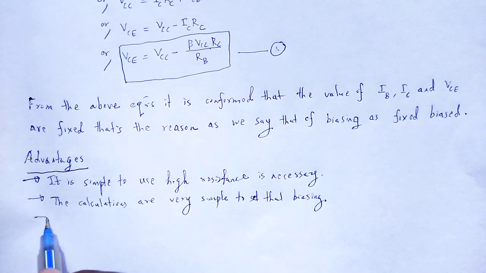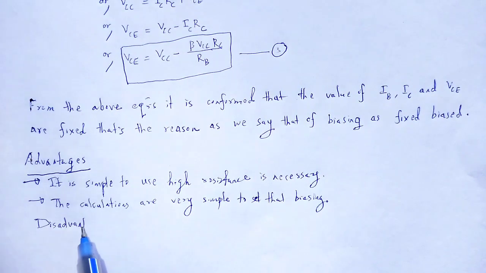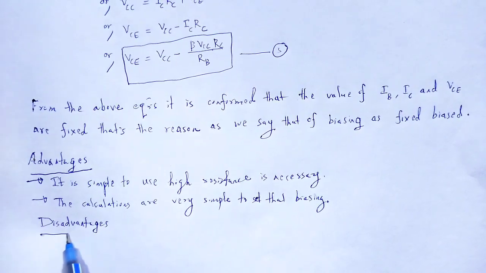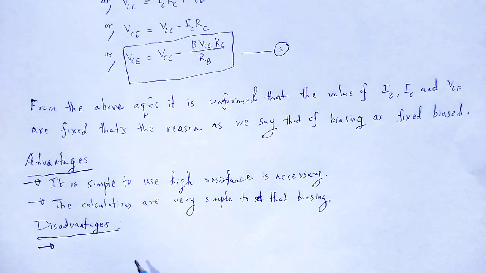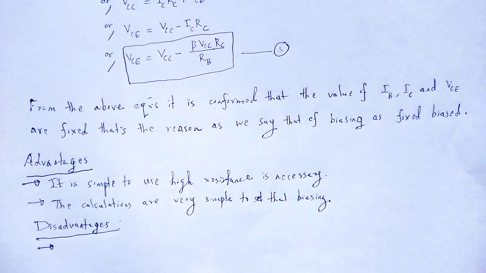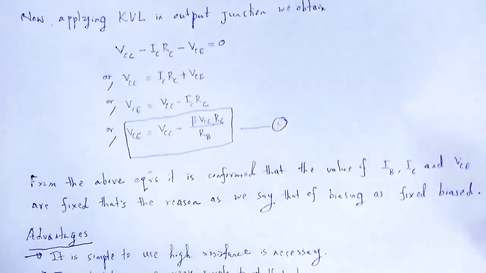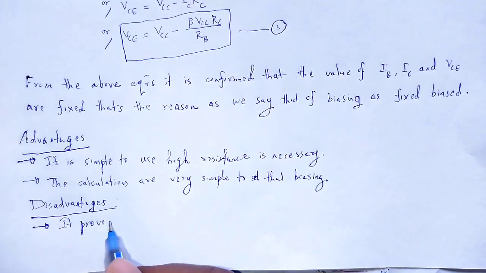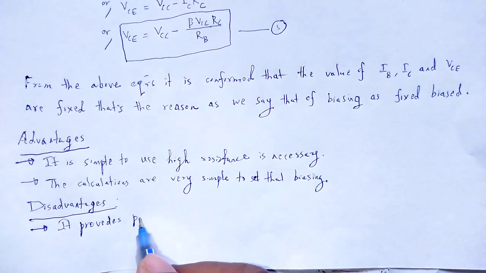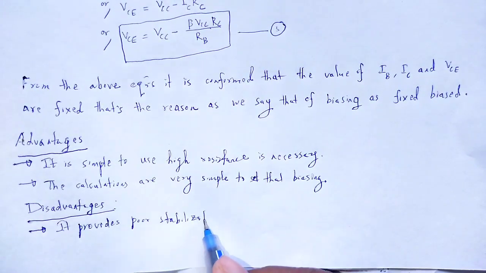Next, some disadvantages of that biasing. It provides poor stabilization. How?